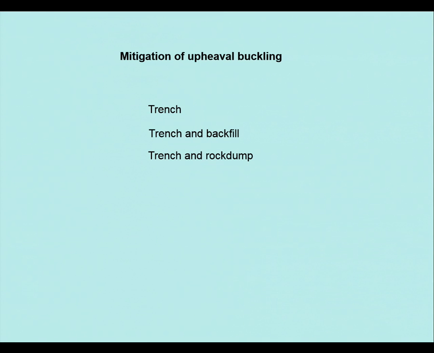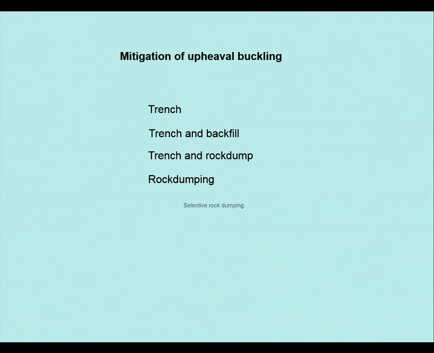So you trench and rock dump. Sometimes they put pipe on the seabed and they'll have dumped rock for miles, rock on the top of it to stop it from moving, in theory. It doesn't actually stop it completely.